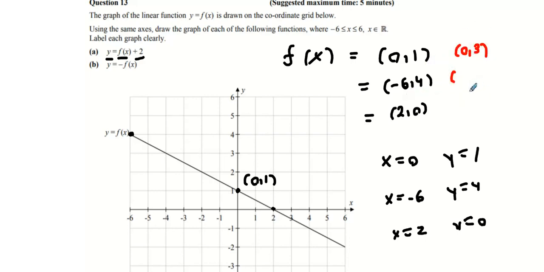It's no longer going to be -6, 4. It's going to be -6, 6. And then finally, it's no longer going to be 2, 0. It's going to be 2, 2.